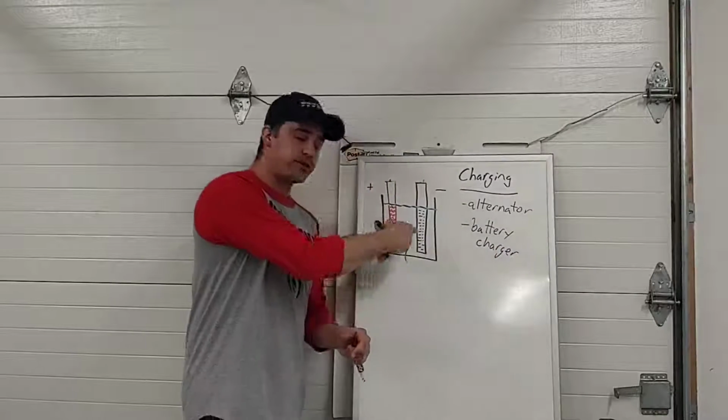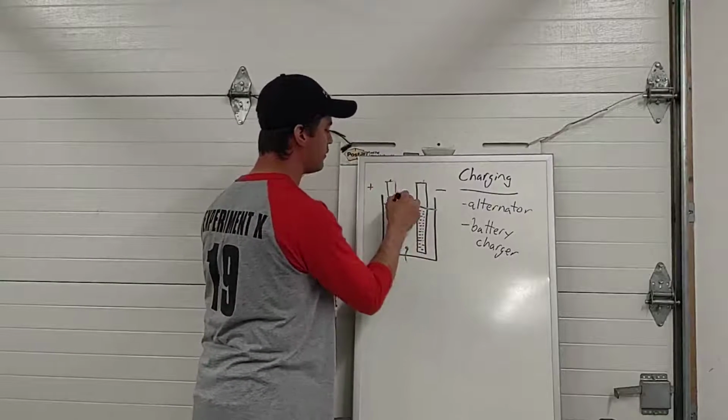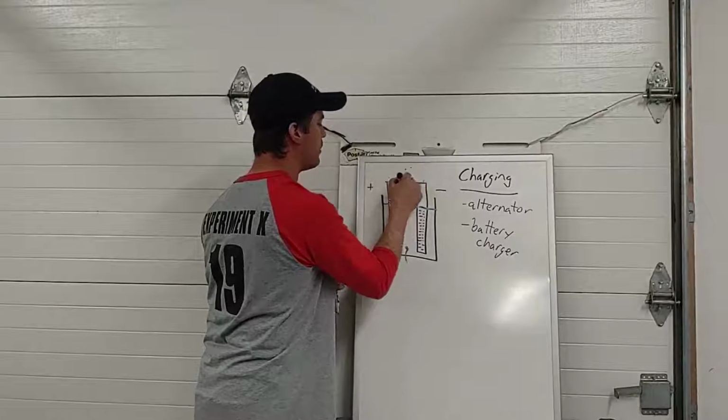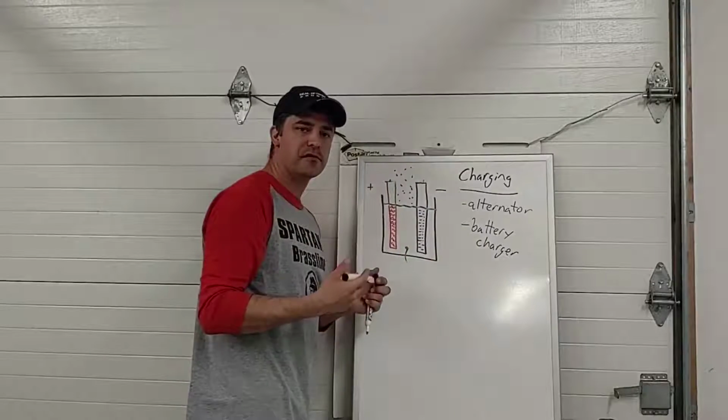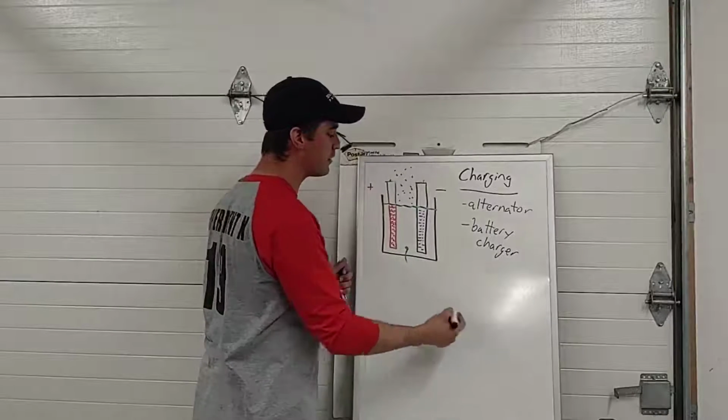The chemical reaction that's going to take place inside this battery is going to cause the battery to produce hydrogen gas. Hydrogen gas is going to come up out of the battery. For that reason, flooded cell batteries are vented. There are vents on the top of the battery. We have to let that hydrogen gas get out.